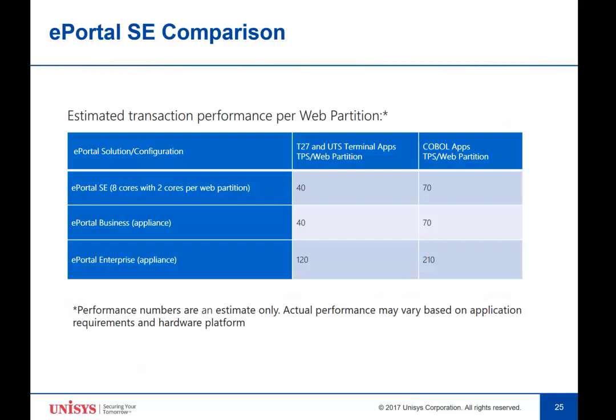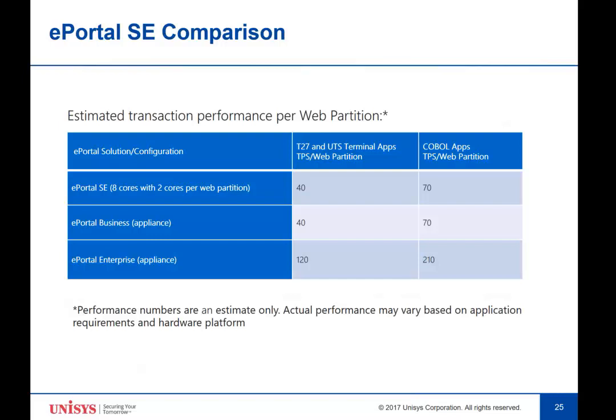The transaction rate for a single web partition is 40 transactions per second for our ePortal Business Appliance today, and it's also 40 transactions per second for a single web partition with 2 cores assigned to it. We'll talk a little bit about that later for ePortal SE. And for enterprise system, it's higher than that. It's 120 transactions per second. Now again, this is for a single web partition.